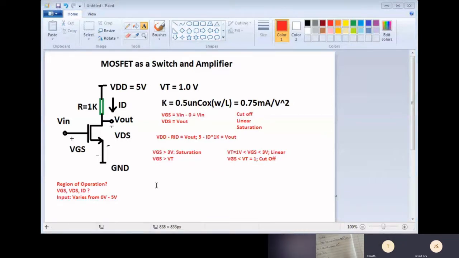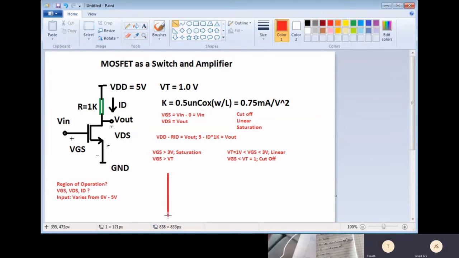Let me confirm from your side whether these conditions are correct or not. Now during cutoff, what is V out? During that V out will be 5 volts. So let me make a small table here, so that we know in which direction to go.